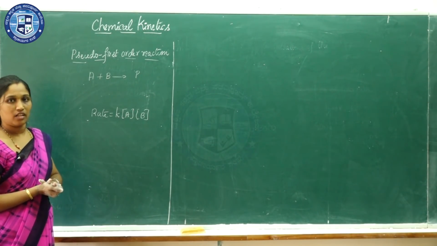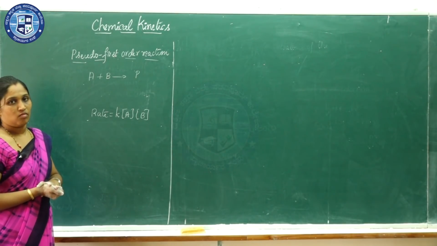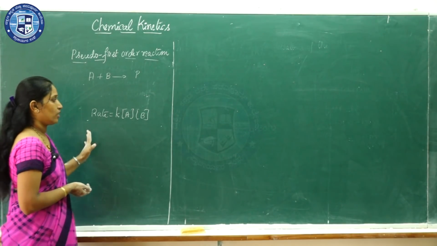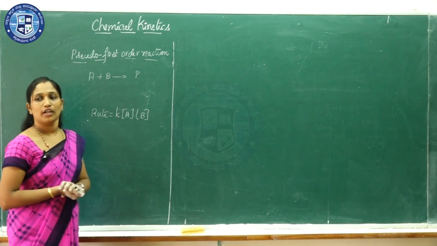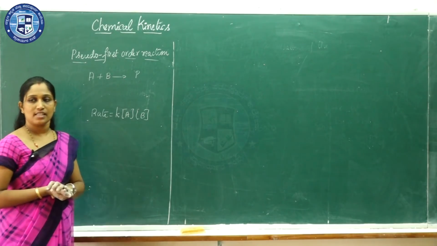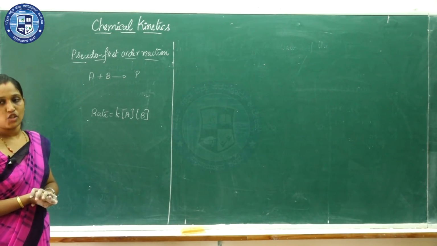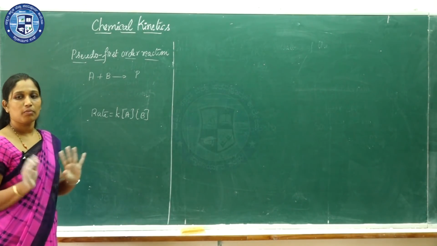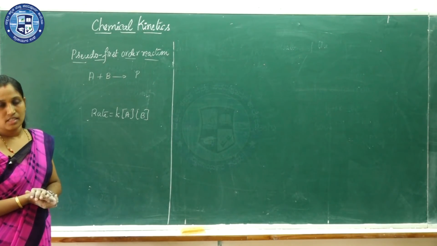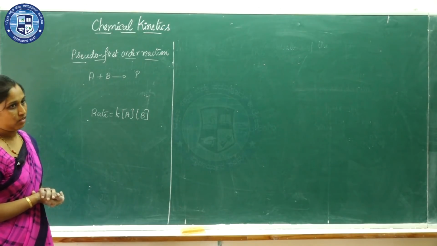Does it affect the rate of the reaction? No, it does not affect the rate whenever one of the reactants is present in very large excess. The rate of the reaction will not be altered by the presence of that reactant.